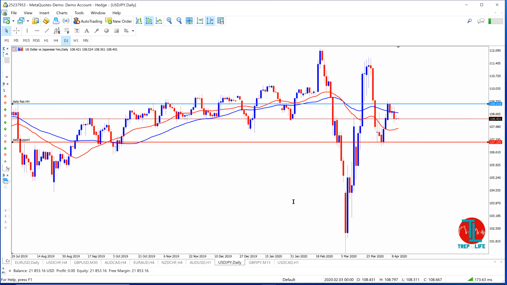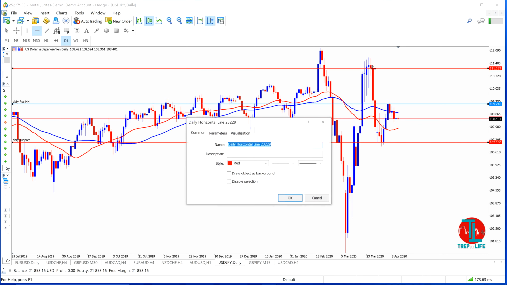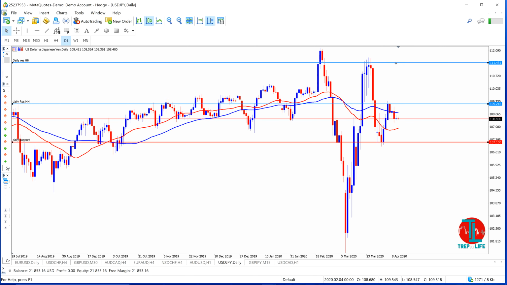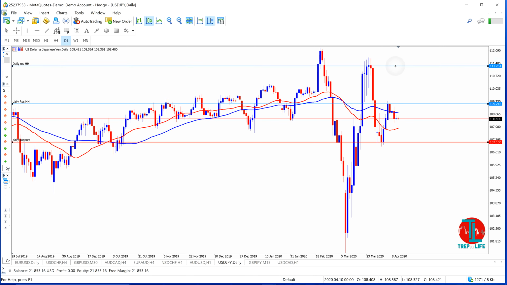Real simple. All right. So what we're going to do from here, what I like to do, just for future reference, I like to see two resistance and supports marked on the daily chart. Put that up there.